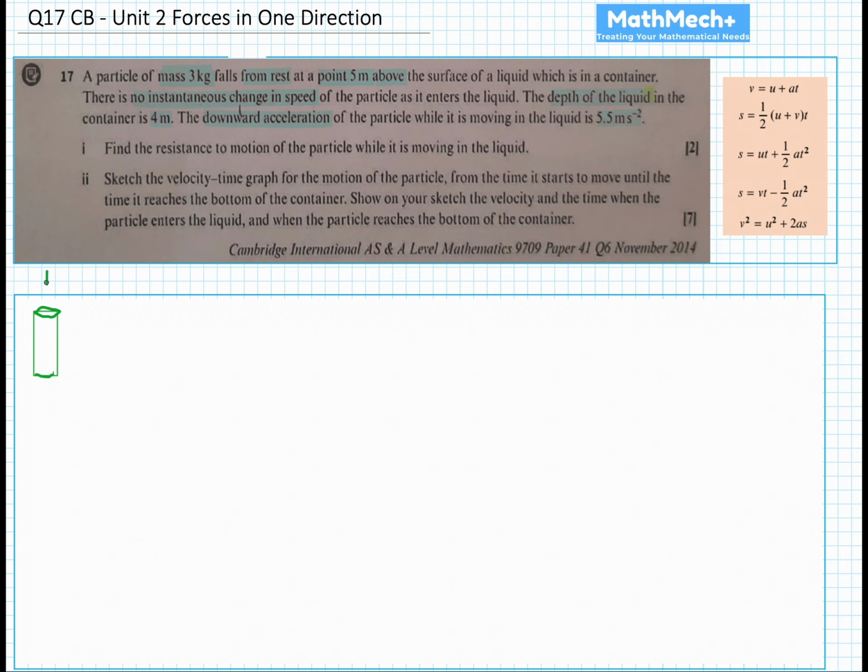Let's put in the details of what we're actually doing here. So we're dropping a particle into this container. We have a level of liquid at some point, and we have some measurements. Inside the liquid it's a length of 4 meters, or depth really. And then we have, from the drop point, 5 meters.